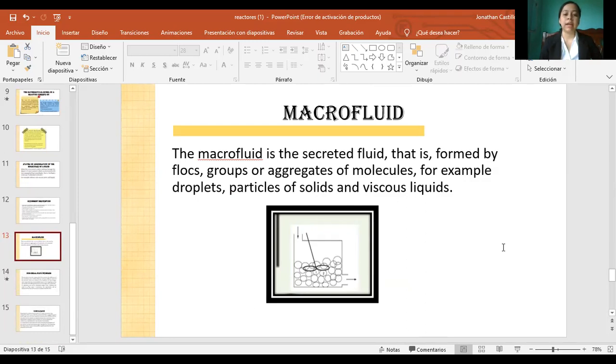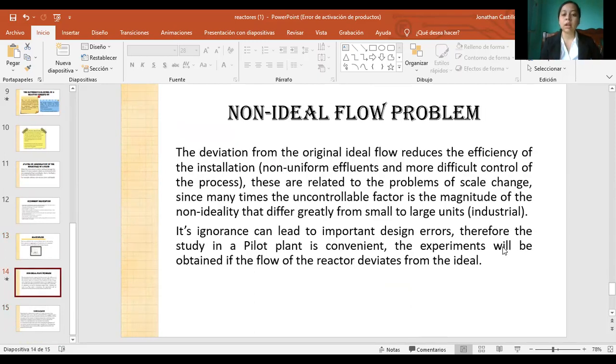Macrofluid is the discrete fluid that can form groups or aggregates of molecules, for example droplets, particles of solids, and viscous liquids. The problem with flow: deviation from the ideal flow reduces the efficiency of the installation. Non-uniform flow makes control of the process more difficult, which are real problems of scale-up.